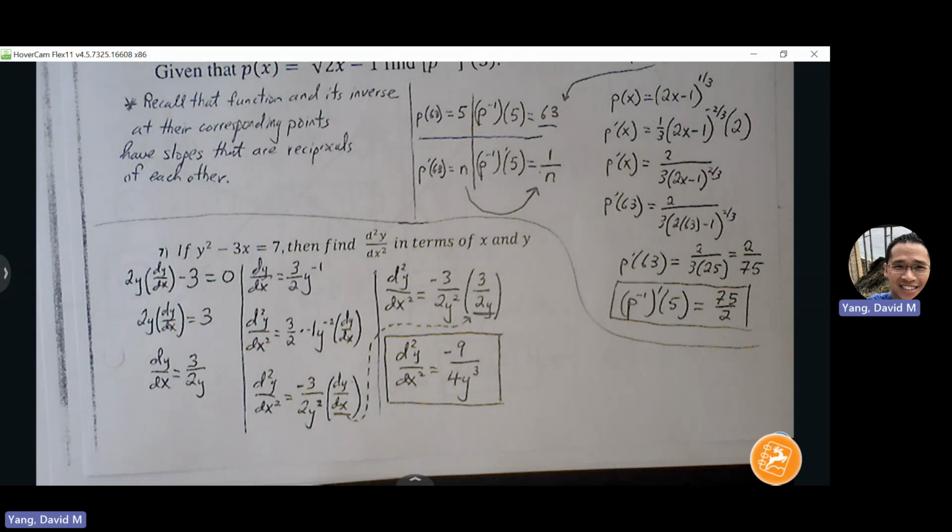Go through the power rule, but since I'm asking for y's derivative, another dy dx will pop up. Replace dy dx with what you found initially. Once you make that substitution, you have your second derivative in terms of just x and y. Then you clean up to your answer.